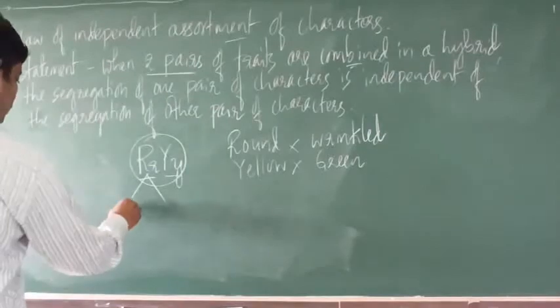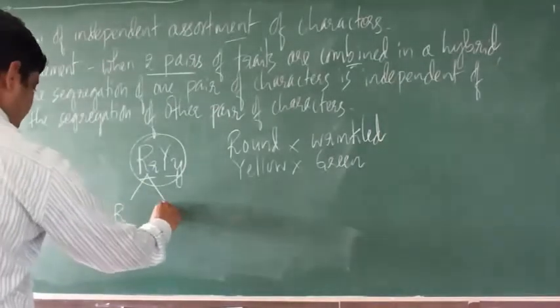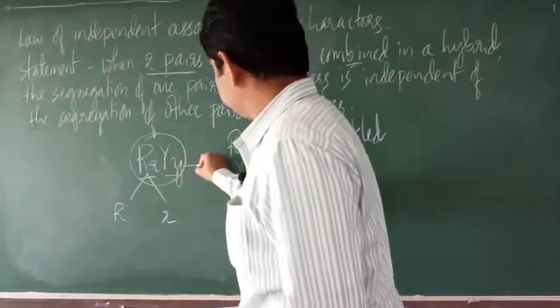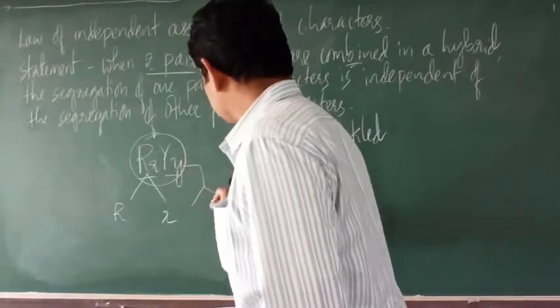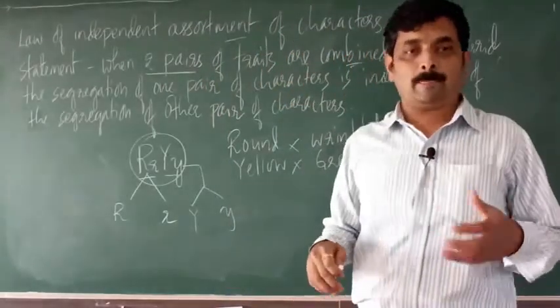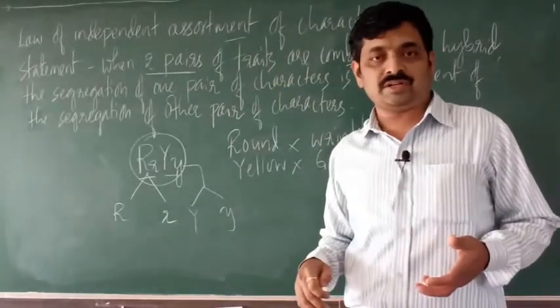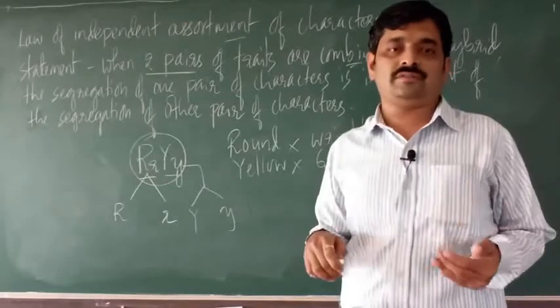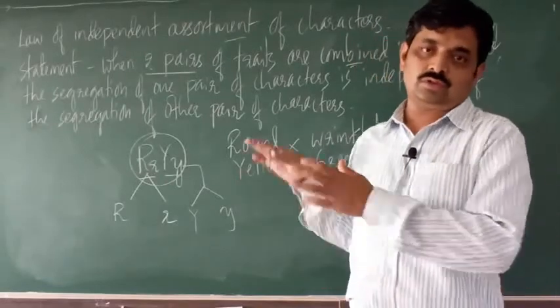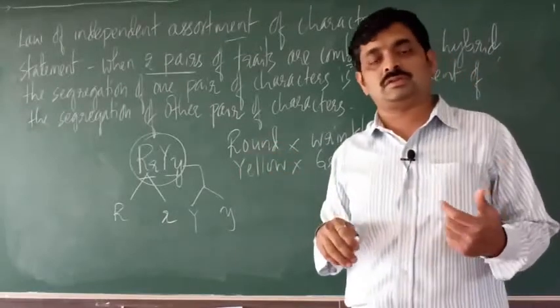For example, the first pair segregates like this. The second pair also segregates like this. So each pair independently segregates. This is called the law of independent assortment of characters, which was discovered by Mendel based on this dihybrid cross experiment.